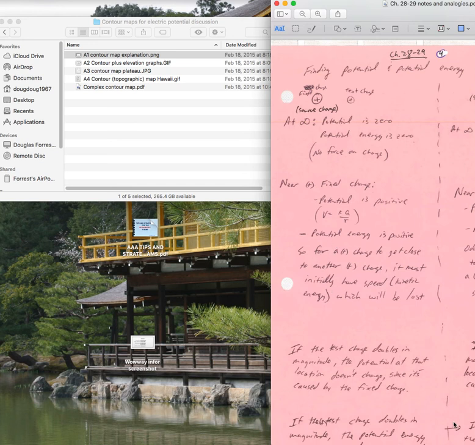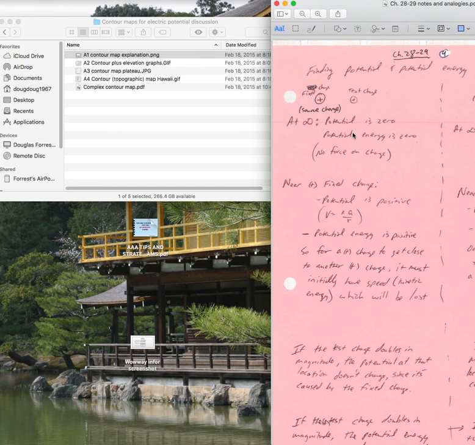It would also take me work to do this. If I was pushing a positive charge up here really close, I would need to push on it. When I push, that total force times distance means that I would add energy to it. So the amount of potential energy I add is equal to Q times the change in potential.